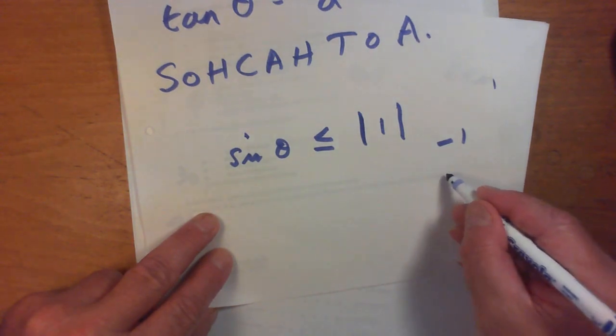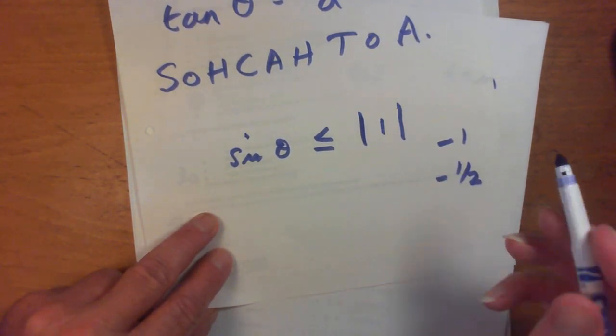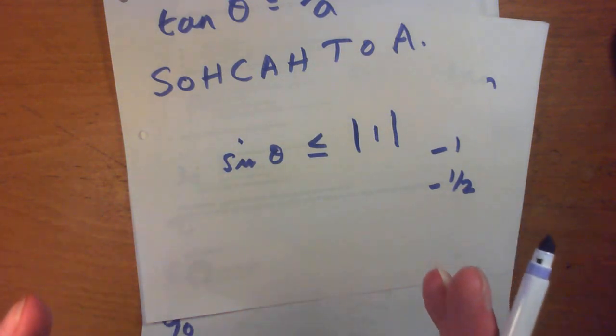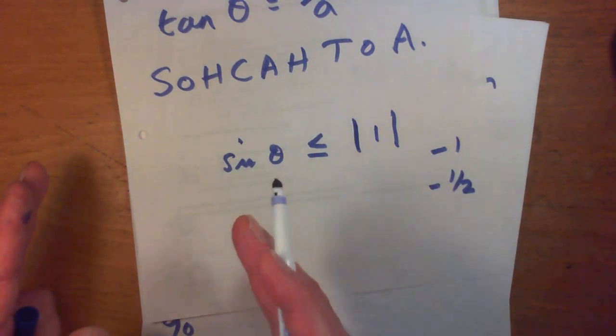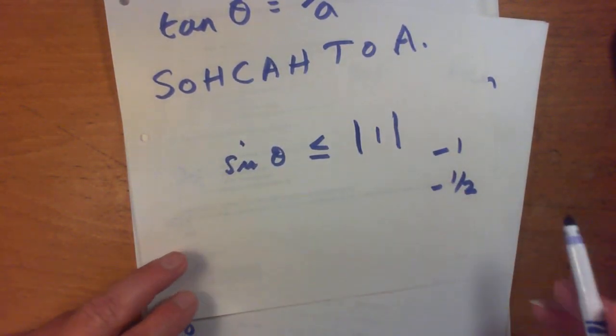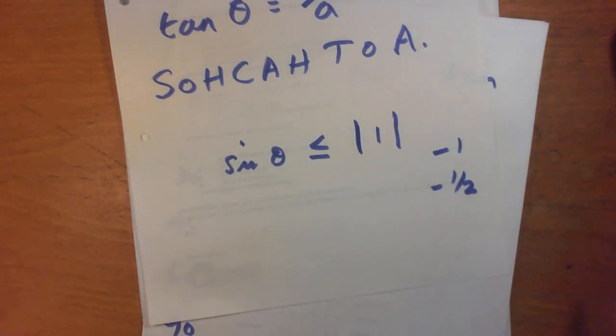The -1 has a modulus of 1, and minus a half has a modulus of a half. So sine theta can take any values between -1 and 1. That's what I'm actually saying by this expression here.